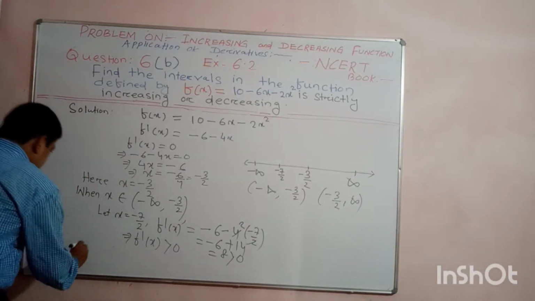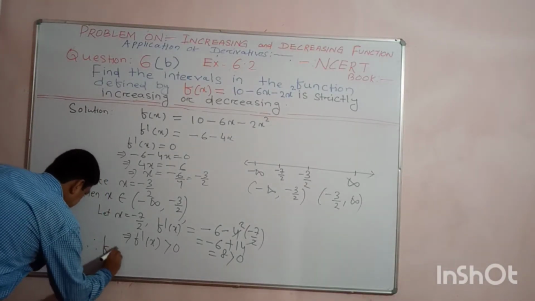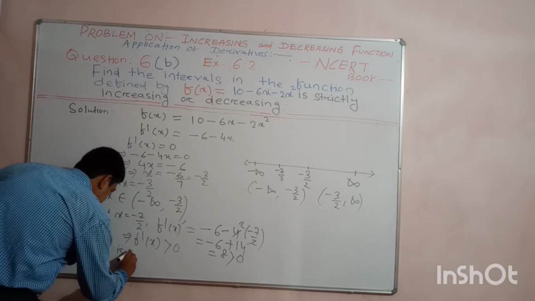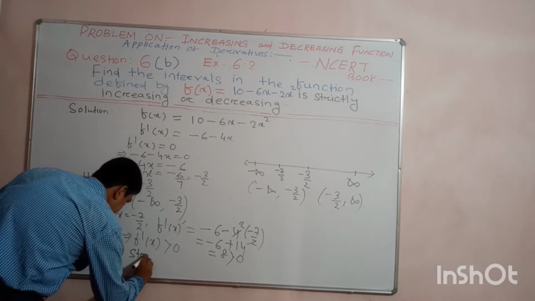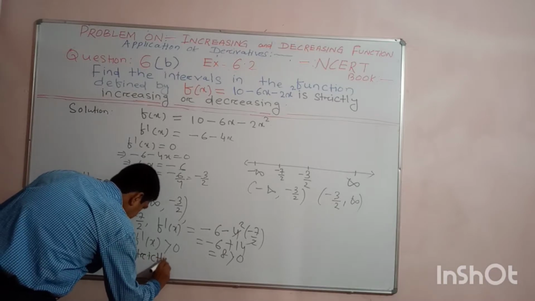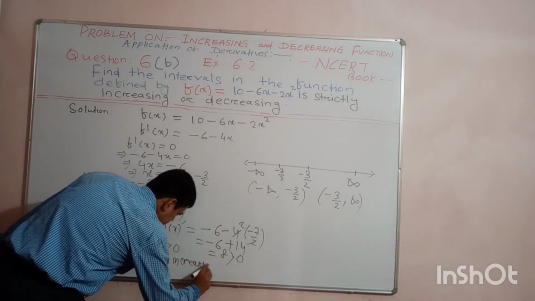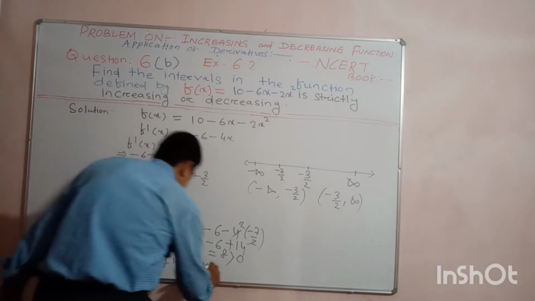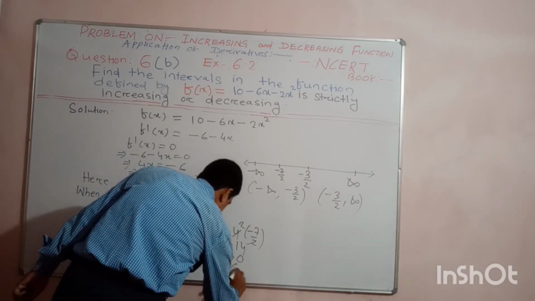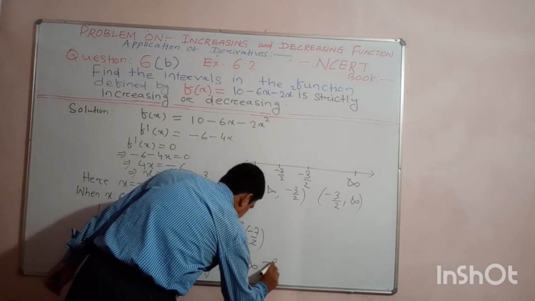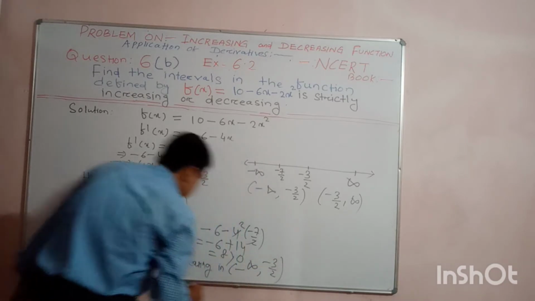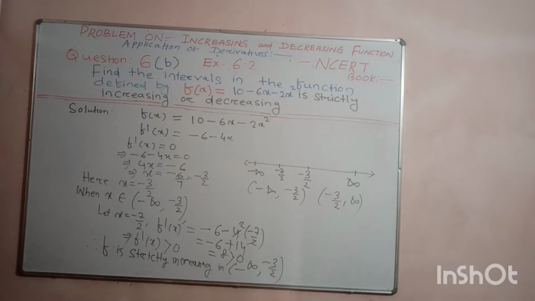Hence the function f is strictly increasing in the interval minus infinity to minus 3 upon 2. Is it clear? First one you got.